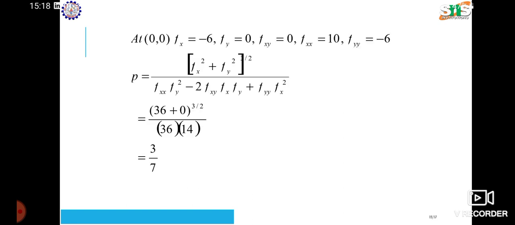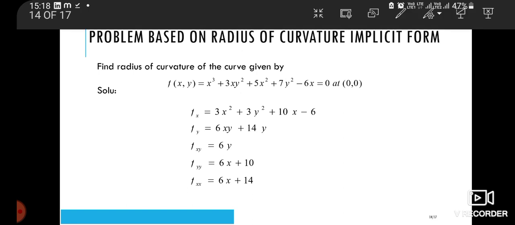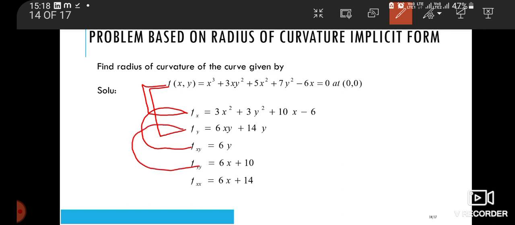So first we have to find fx. Fx means we differentiate this f equation with respect to x. Fy means we differentiate this with respect to y. Fxy means we differentiate the fx equation with respect to y. Fyy means we differentiate the fy equation with respect to y.